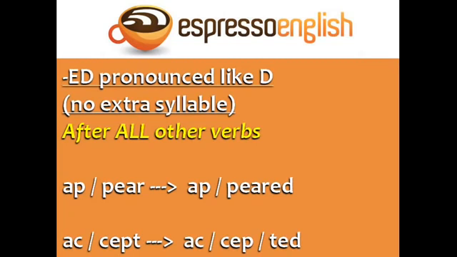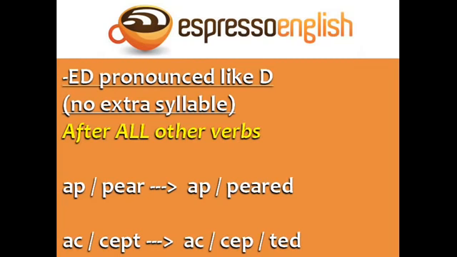ED is pronounced like D after all other verbs that don't fit in the first or second categories. Here's an example of the difference in pronunciation 2 and pronunciation 3. The past of appear is appeared.